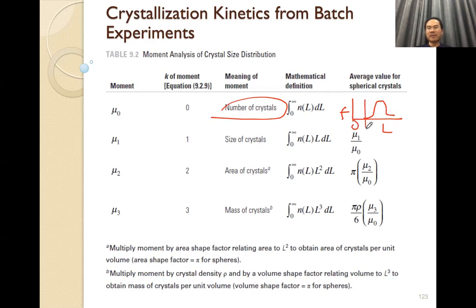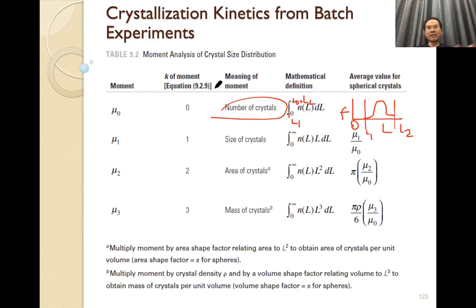We can indicate from this L0 to this, it may be from 10 to 100, for example. It may be like this. But in general, the length range should be 0 to infinity, but it depends on our system. If our system is from L1 to L2, we can integrate from L1 to L2.